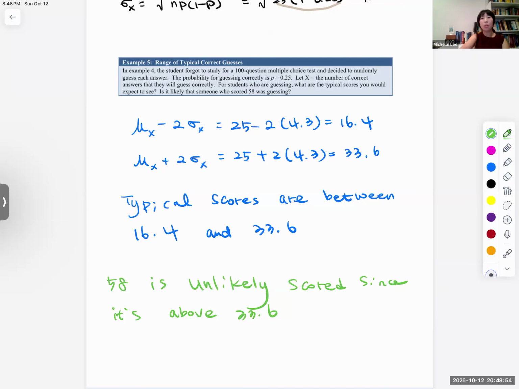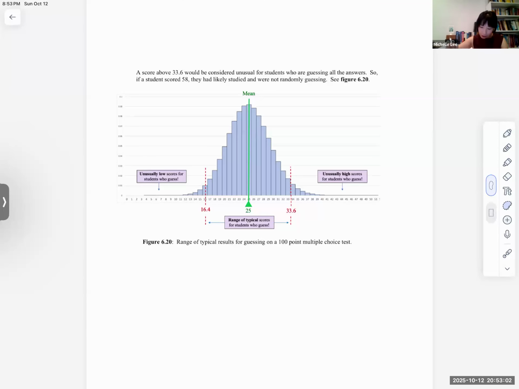Okay, let me show you a nice picture here. This is the mean, 25. And we found earlier mu sub x minus 2 times sigma sub x gives 16.4. And here is mu sub x plus 2 times sigma sub x, so 33.6.